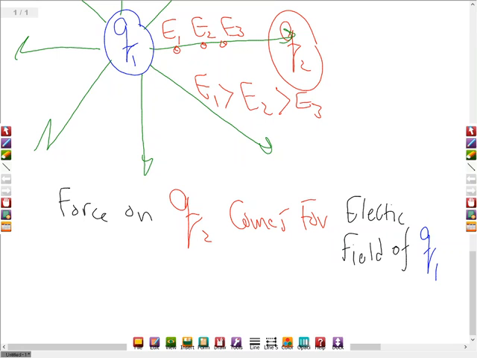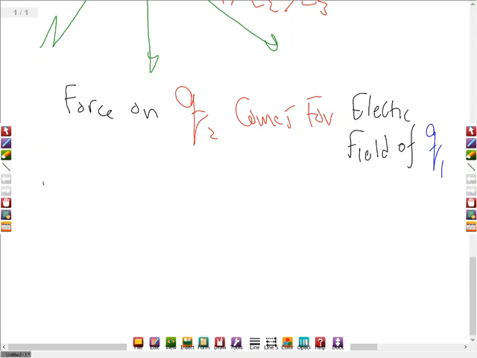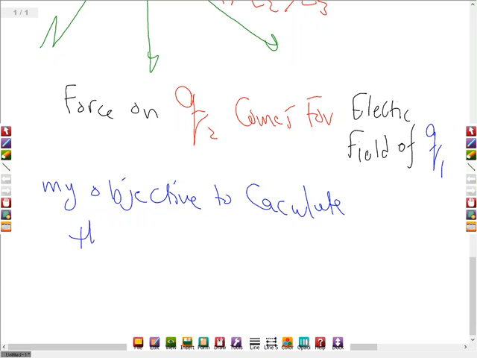Then my objective is to calculate the electric field of Q1.